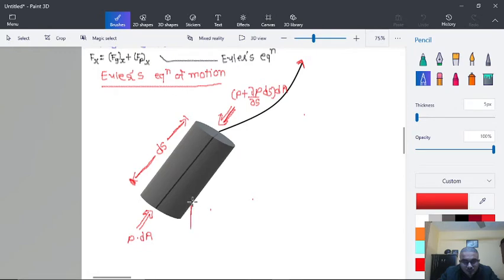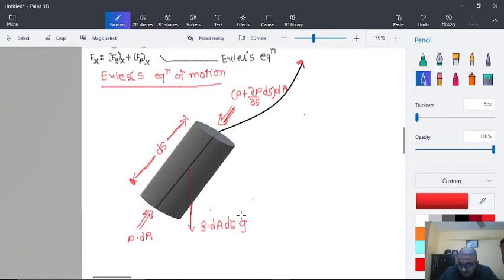So this will be rho into dV, where dV is dA into ds, into g.